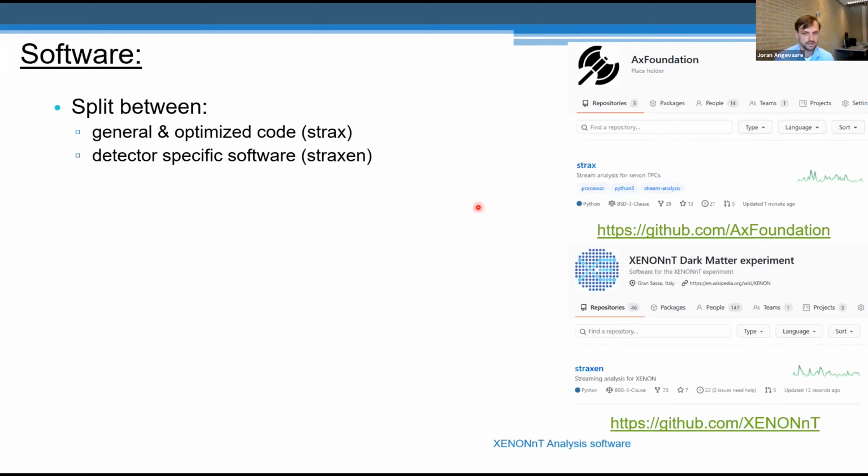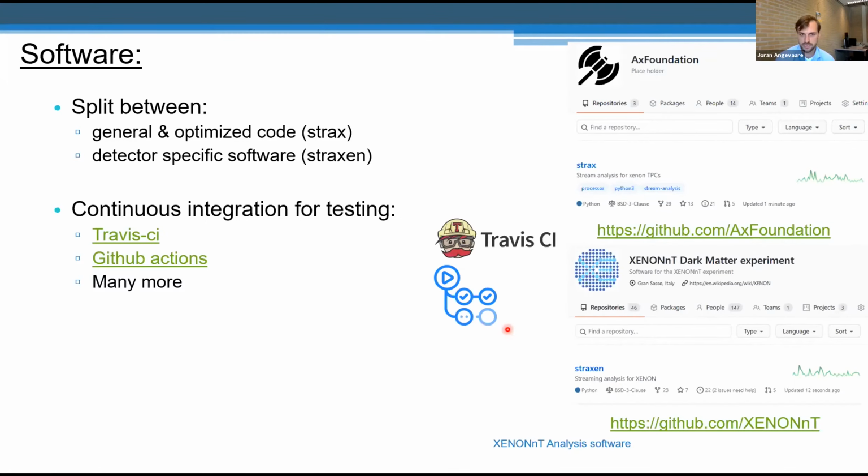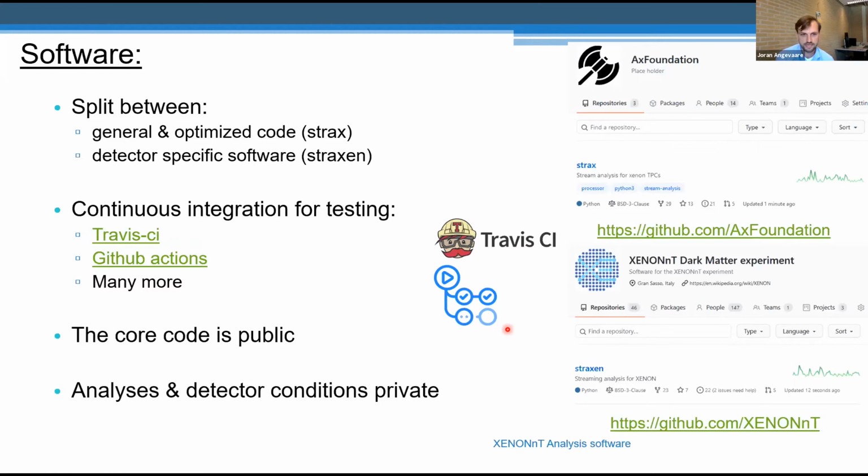As I will explain a little bit later, we're relying heavily on numpy and numba to make all this stuff fast in Python. The detector specific software, like choices, how many PMTs you need in order to define a peak, is all stored in Straxen. Both are, of course, relying heavily on continuous integration, and the core code is public, whereas analyses and detector specific conditions are, of course, private.